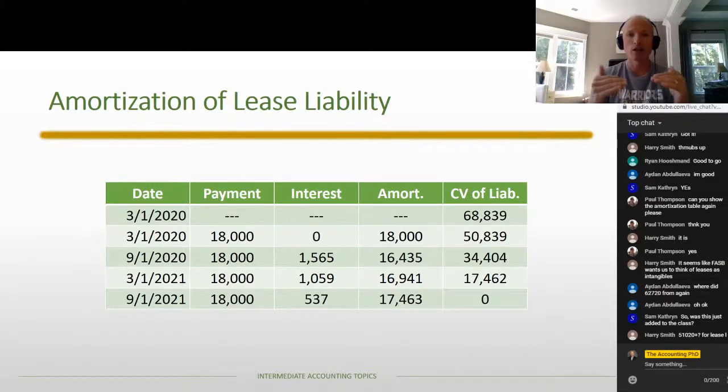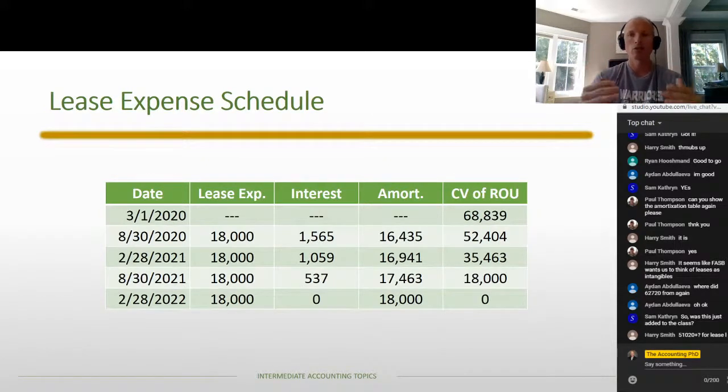Again, the dates are one day off, but they do coincide, right? And so again, we're reconciling these two things together. We're using that interest column to connect the lease liability amortization and the lease expense and the amortization of the right of use asset. So again, this interest column, it is a mechanism.